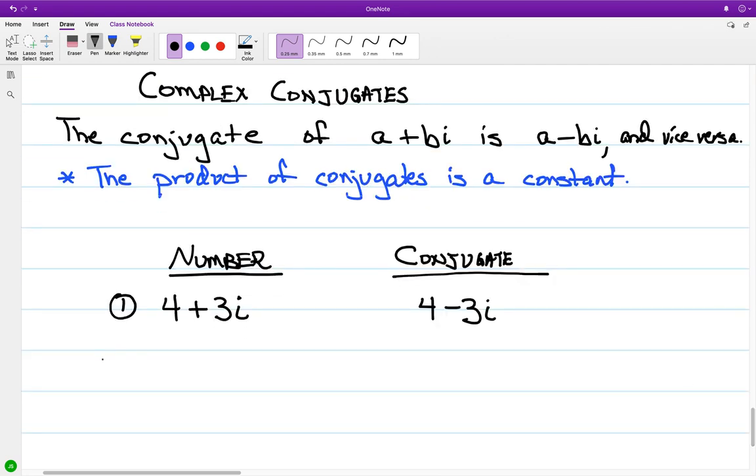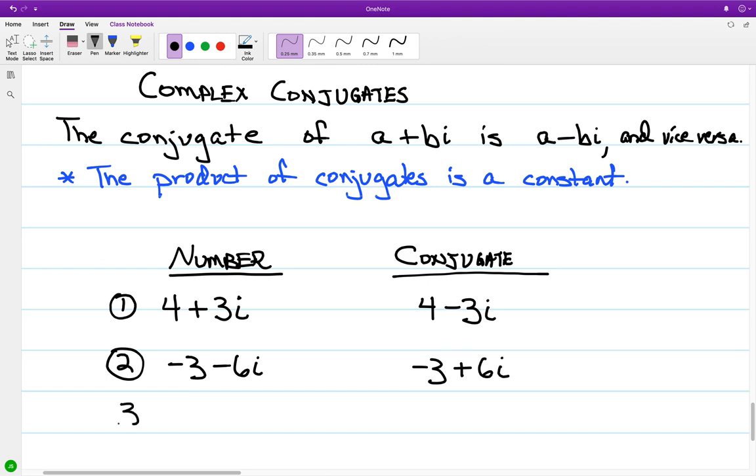And let's say that in the case of the second item, if we have negative 3 minus 6i, the conjugate is going to be negative 3 plus 6i.